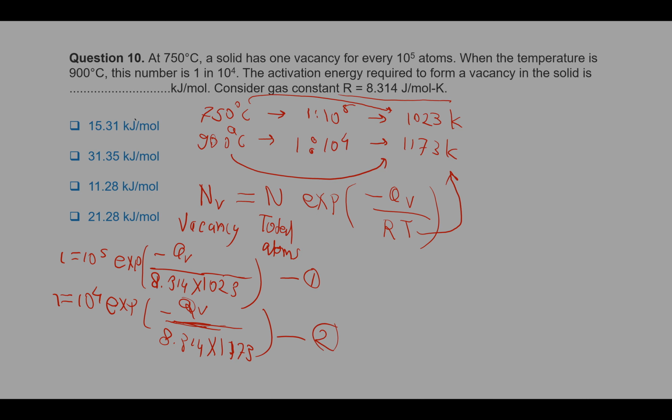We just have to divide equation 1 by equation 2, and you'll get the answer. That will be approximately option number 1, 1531 kilojoule per mole.